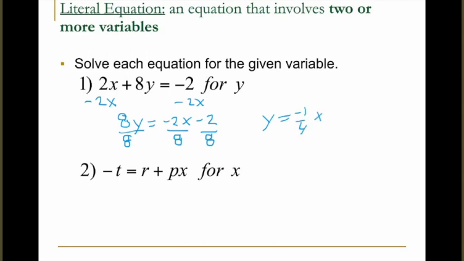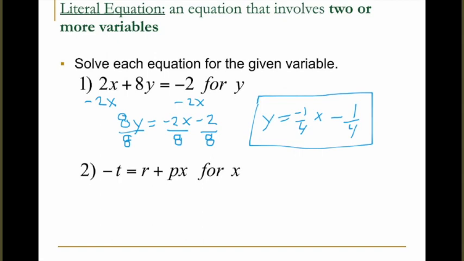And then we have minus 1/4. We have y all by itself, and it equals negative 1/4 x minus 1/4. One thing you'll notice I did with number 1 is I did simplify my fractions. Always simplify your fractions.